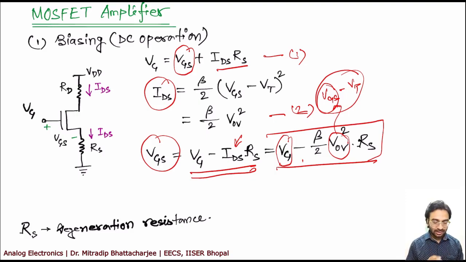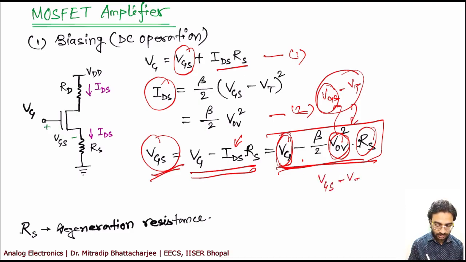But still, if you want to fix your VG, you have to control VG and VOV for a given RS value. And if you replace VOV with VGS minus VT whole square in this equation, then you will find a quadratic equation of VGS which you can solve to figure out the VGS value.